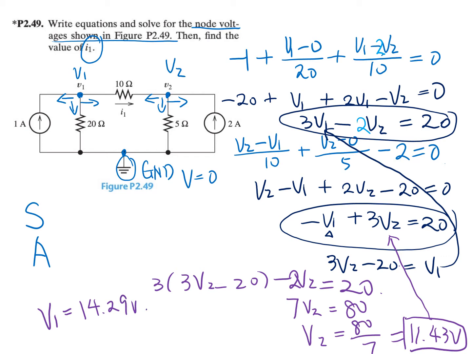And our goal is to find the value of I1. I1 flows from node 1 to node B, that's here. So by using Ohm's law, we have V1 minus V2 divided by 10. And I1 is going to be equal to 0.2857 amp.